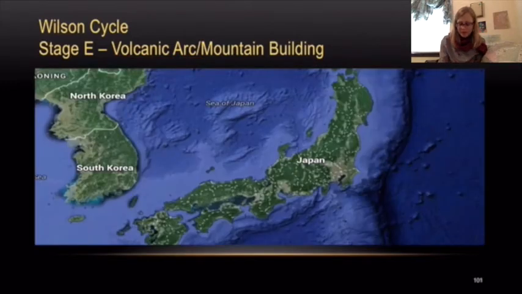So here's Japan. Japan is made of a bunch of volcanoes. I'm just guessing. There's more than this also. A bunch of volcanoes that were small volcanoes. This is the Pacific Ocean crust subducting under the Asian crust. And this is oceanic crust subducting under oceanic crust.